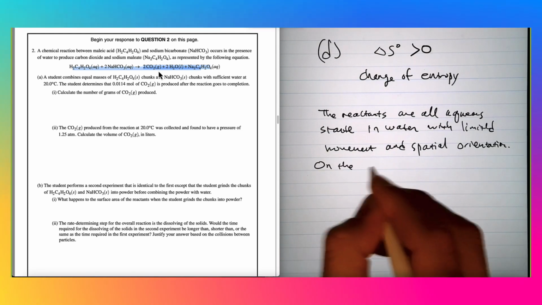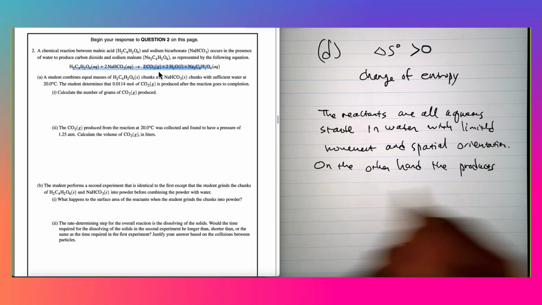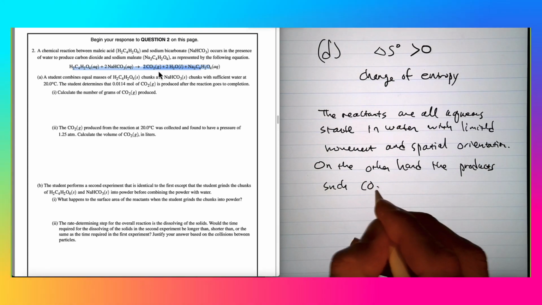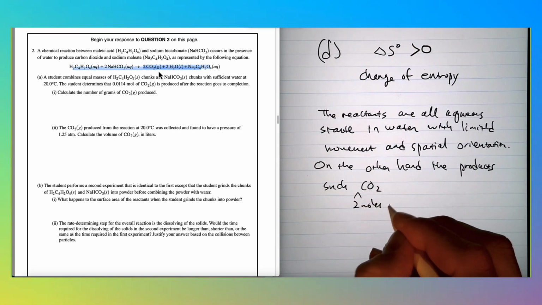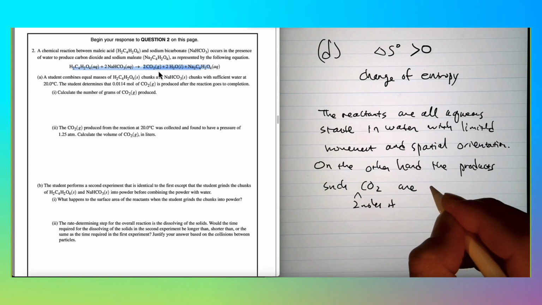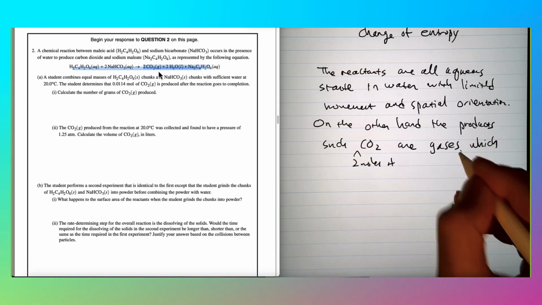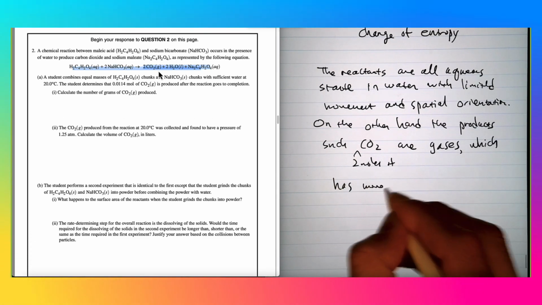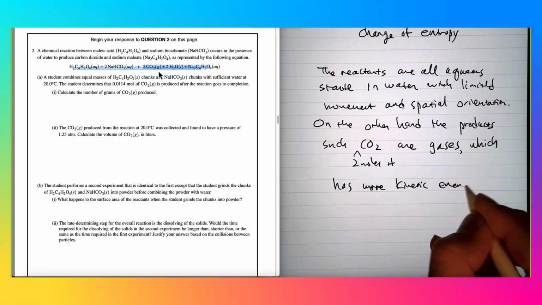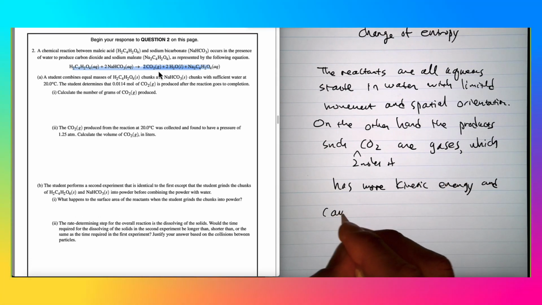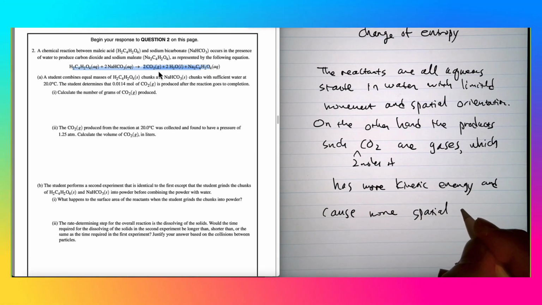On the other hand, the product, such as carbon dioxide, or 2 moles of carbon dioxide, are gases which have more kinetic energy and cause more spatial arrangement.